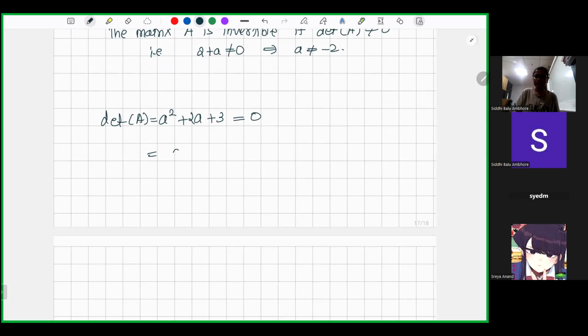Then A will have maybe two possibilities, or A need not have any solution. If A does not have any solution, then the matrix is invertible for any given A. So we have to check such conditions and be careful with the coefficients. I'm just writing some random polynomial, so please don't take it seriously.